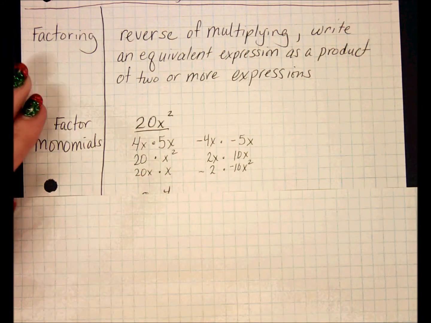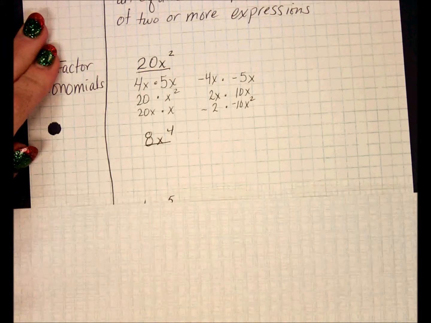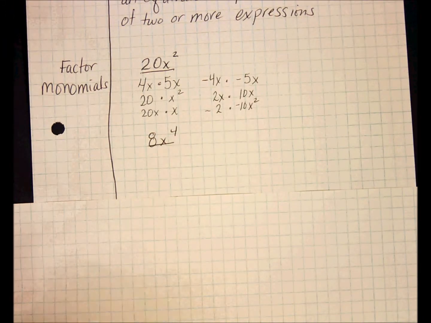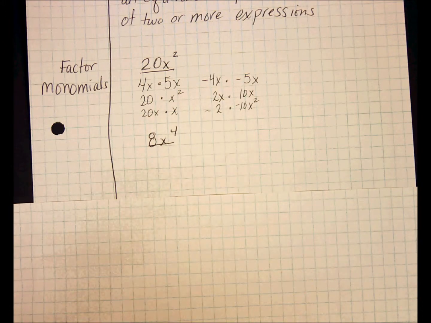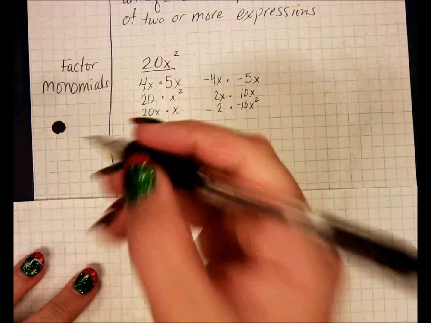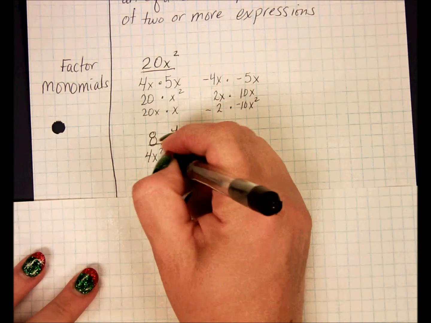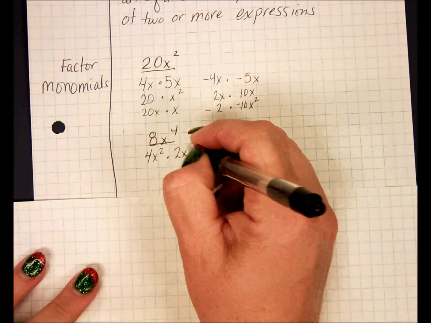So now let's look at the next one. I'm going to give you a second to think up ones that you can think of for 8x to the fourth power. If you need to pause, pause. If not, coming up with some of those ideas. They multiply together to give you 8x to the fourth. So it might be 4x squared and 2x squared.